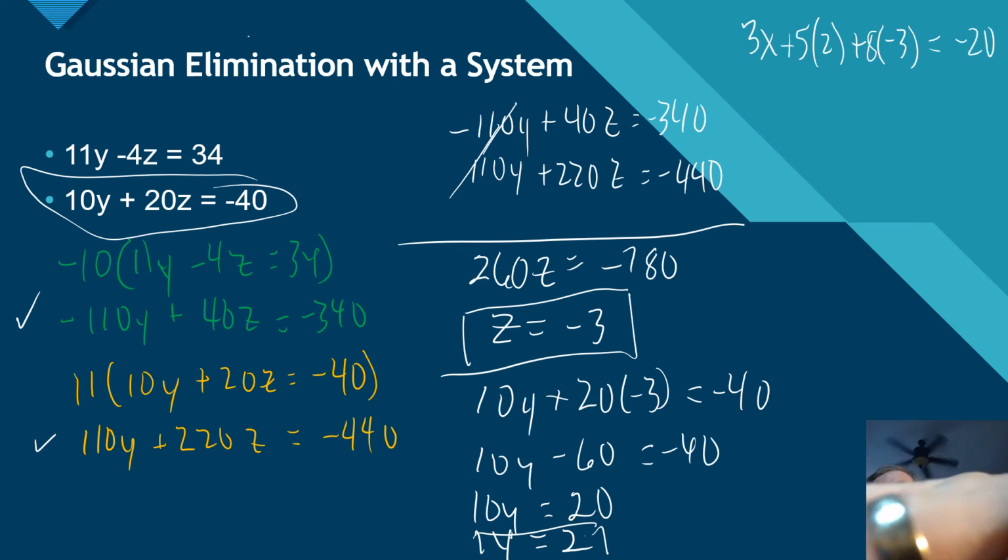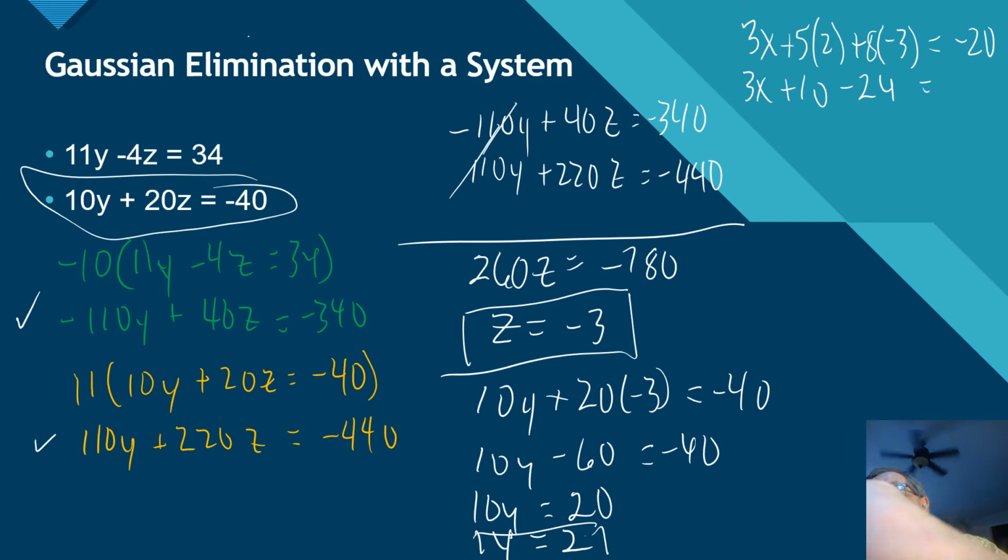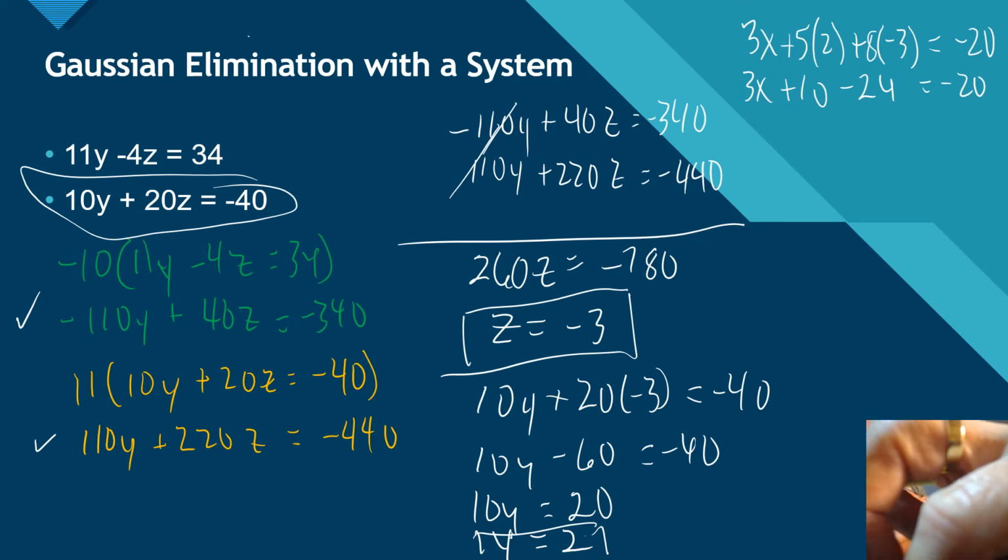Well, 5 times 2 is 10, and 8 times negative 3 is negative 24. 10 minus 24 is, no, negative 14. What am I thinking? Negative 14.